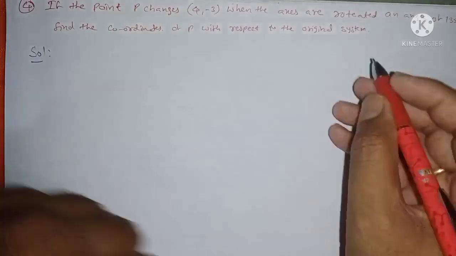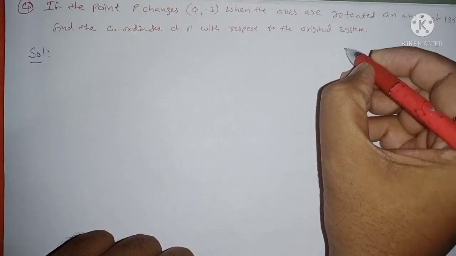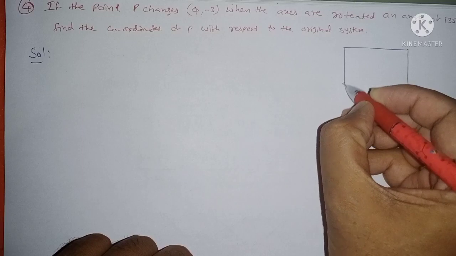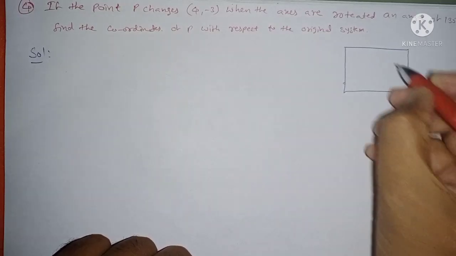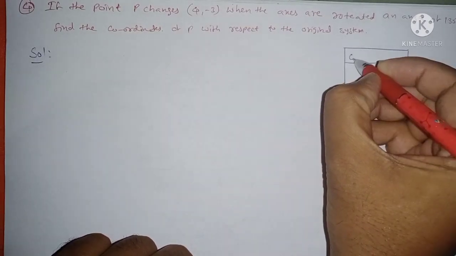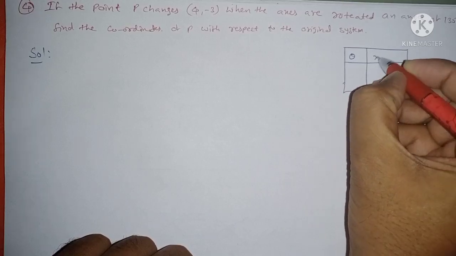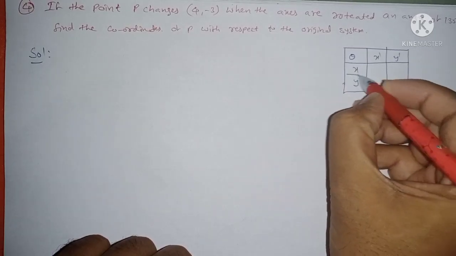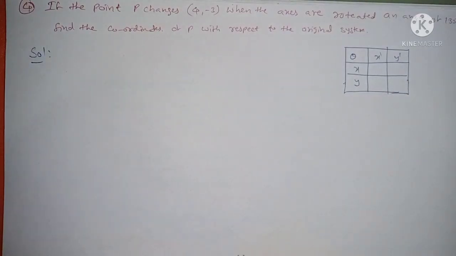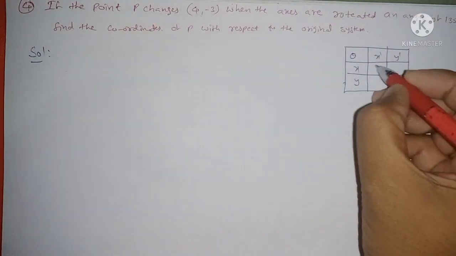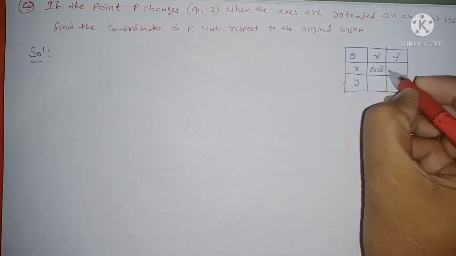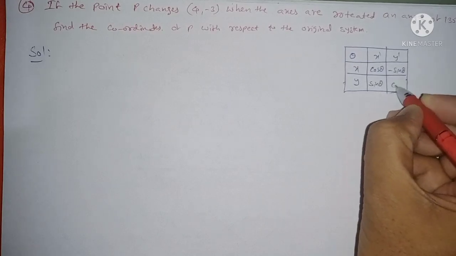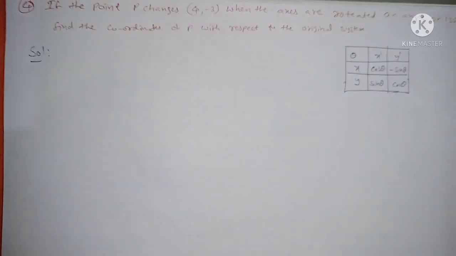Okay. We have the formula, the relation between x dash and y dash and x y with angle. This is cos theta, this is minus sin theta, this is sin theta, and this is cos theta.